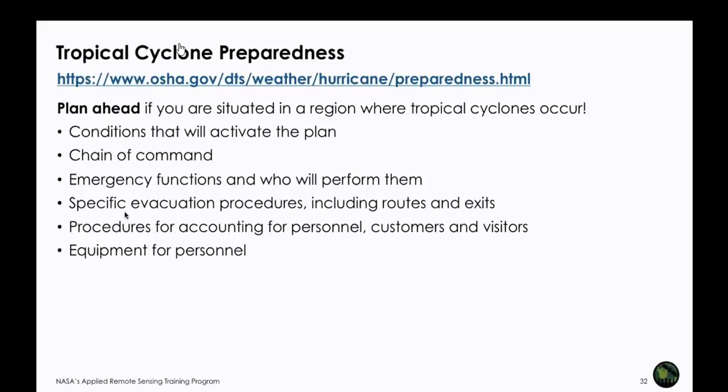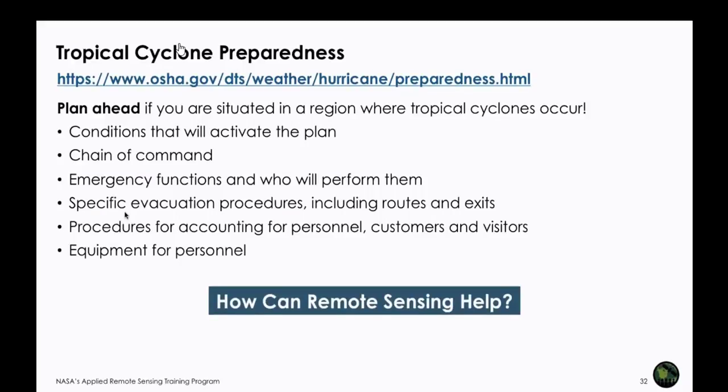So this could be at organizational level or even at household level. It has to be decided ahead of time. Specific evacuation procedures, routes, exit plans, these have to be thought out before even the storm season starts. Procedures for accounting for personnel, equipment, so these are some of the things to keep in mind.